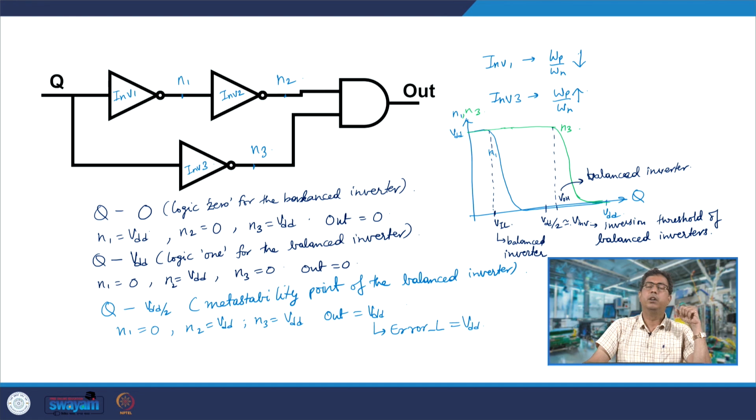So, the Razor flip flop would give out error underscore L as VDD whenever Q and QSH are different, but both have proper logic values within noise margins. And even if Q does not have a proper logic value within noise margins and has some intermediate value, even then error underscore L is VDD.